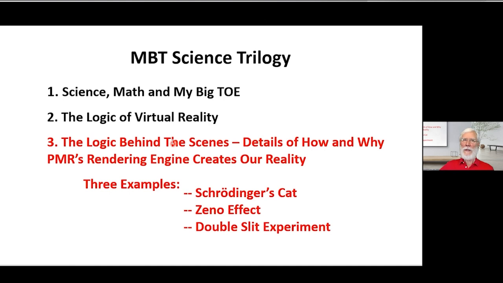And now we see that the double slit experiment, Schrödinger's cat, the Zeno effect, how all of these are easily described and understood once you see that this is a probabilistic reality. Consciousness is the computer. So from that perspective, everything becomes both simple and elegant.